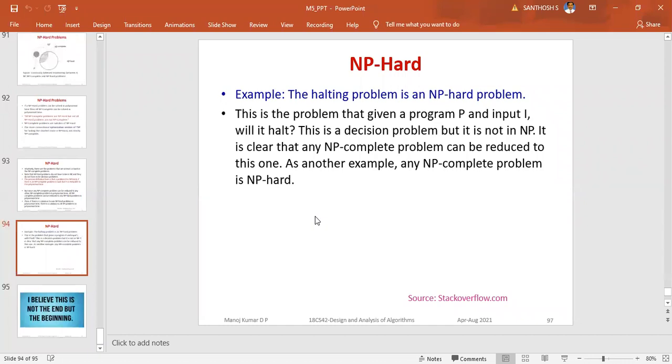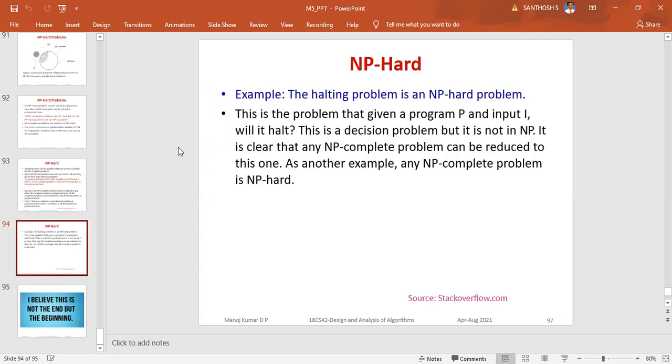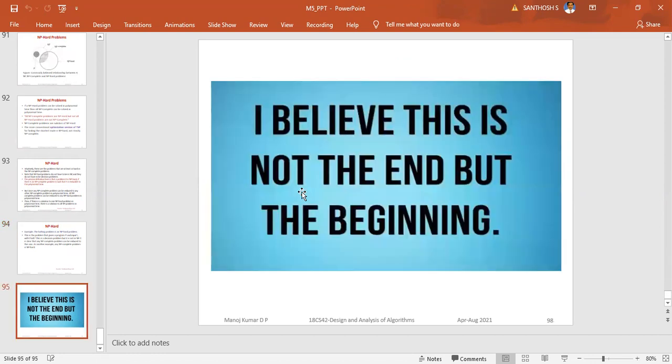In the fifth semester you will have this problem to be solved, that is, how to solve P, NP, NP-complete and NP-hard problems. That is why we say this is not the end, but the beginning.